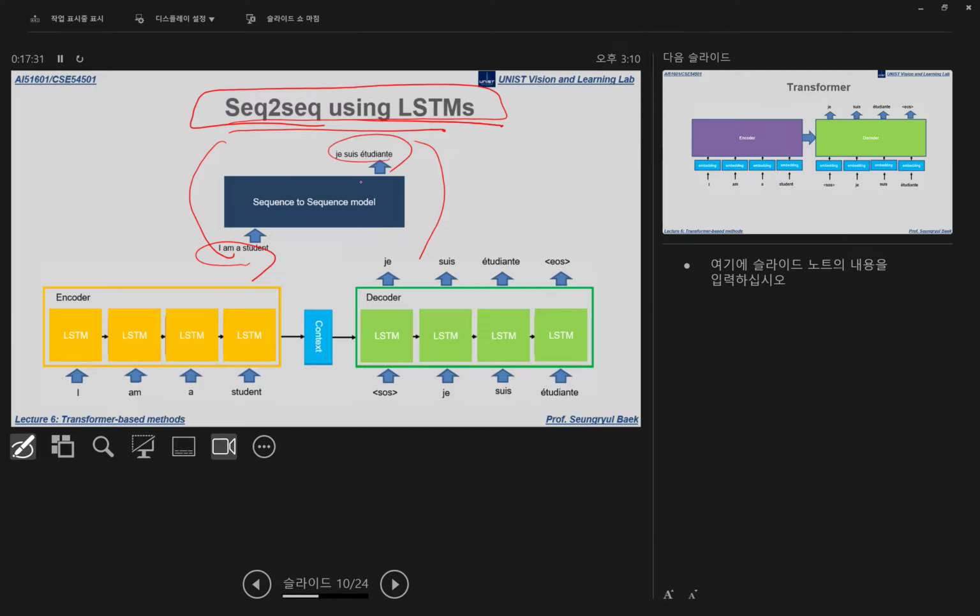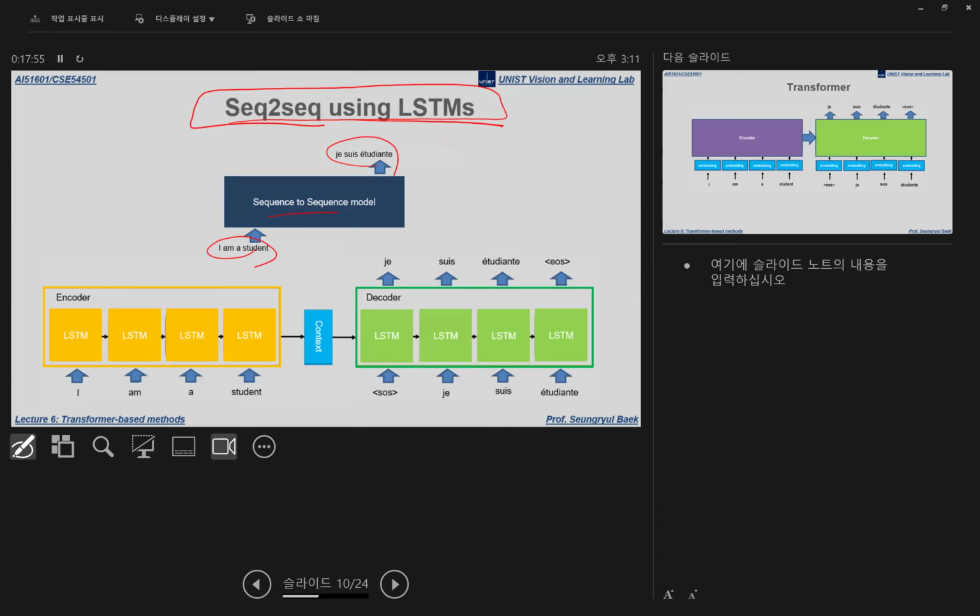Its input is a sequence and its output is a sequence, so it is called a sequence to sequence model. But the input and output are different. Given an English sentence, we want to generate a translated French sentence.